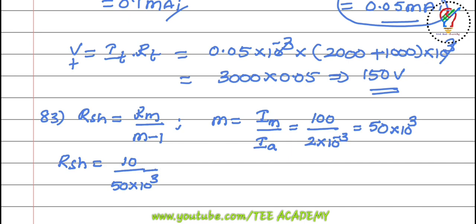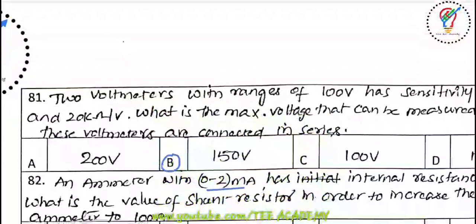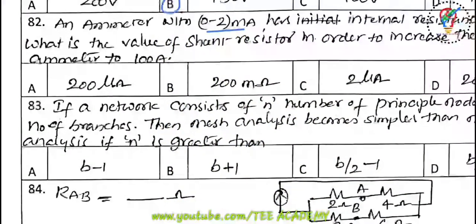So you get 0.2 into 10 power minus 3 ohms. We can write it in another manner as 200 micro ohms. So the answer for this question is 200 micro ohms.